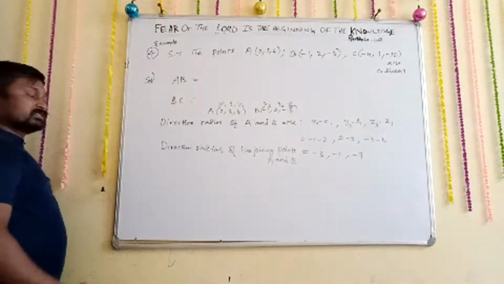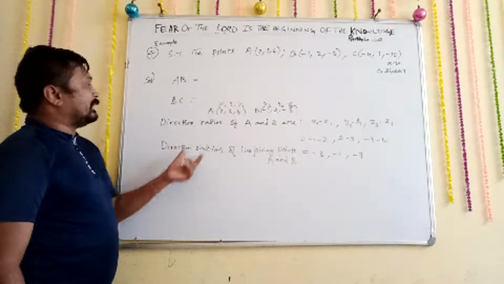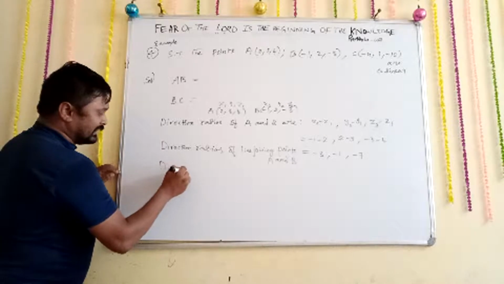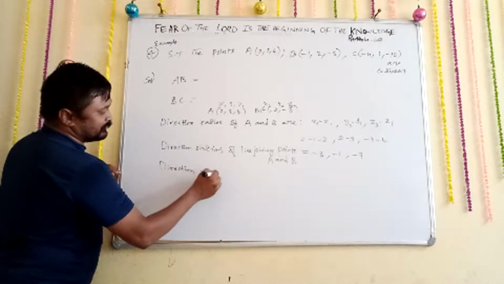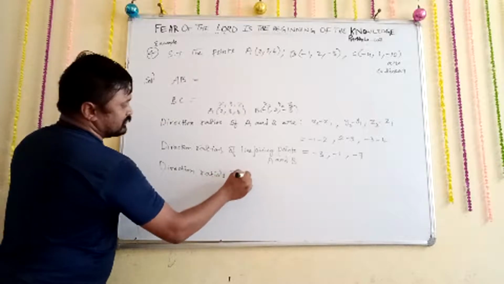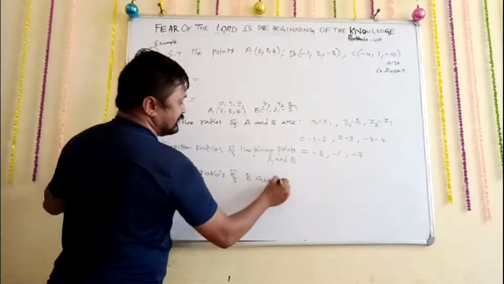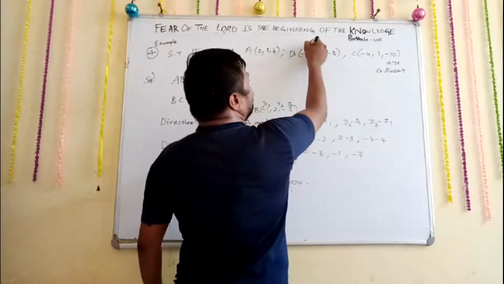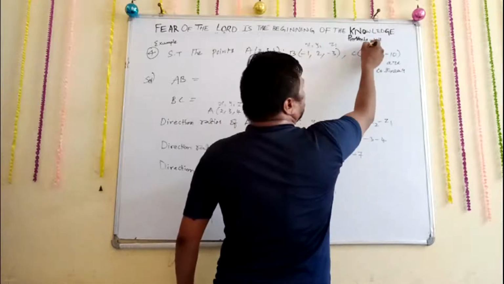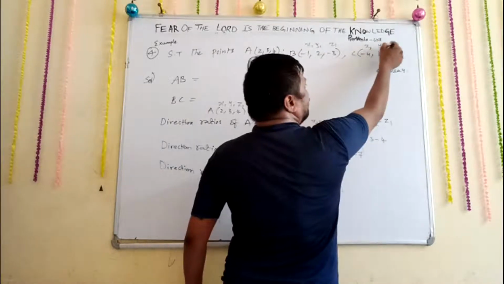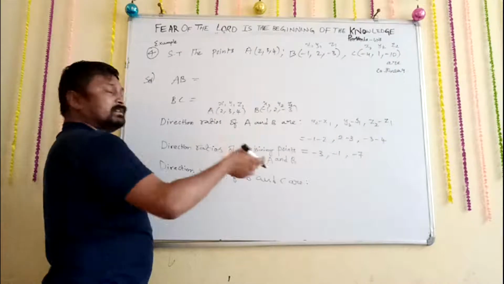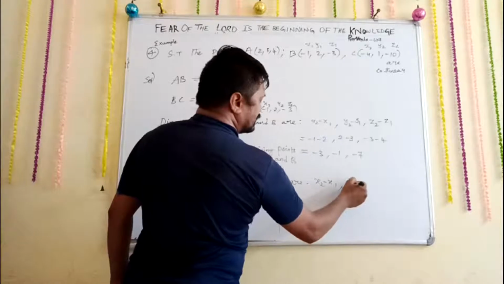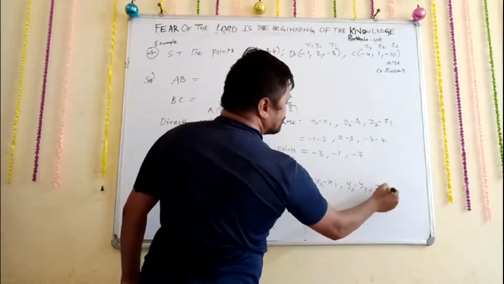Okay, same method. Can we find B and C? Direction ratios of B and C: if B is (x1, y1, z1) and C is (x2, y2, z2), the same formula applies, x2 minus x1, y2 minus y1, z2 minus z1.